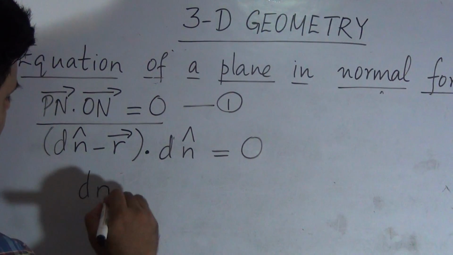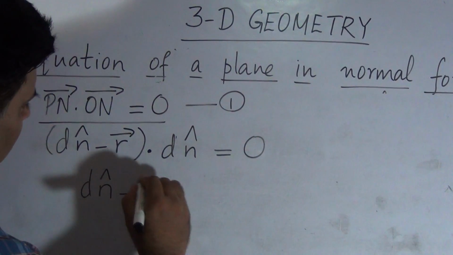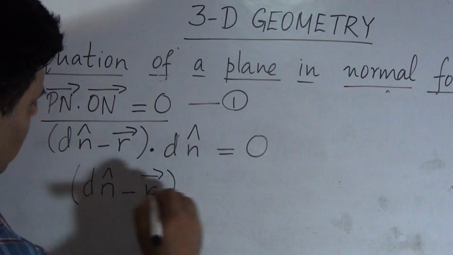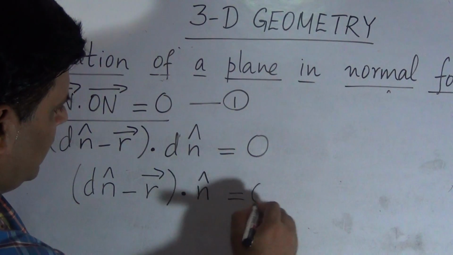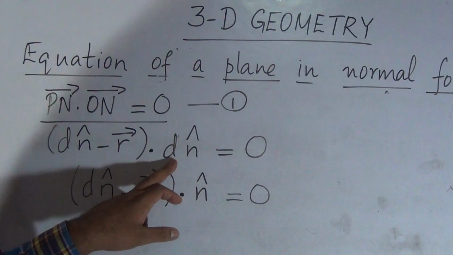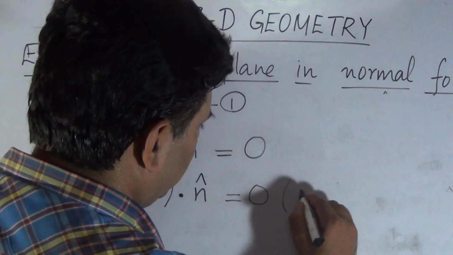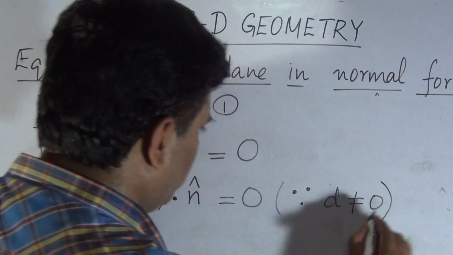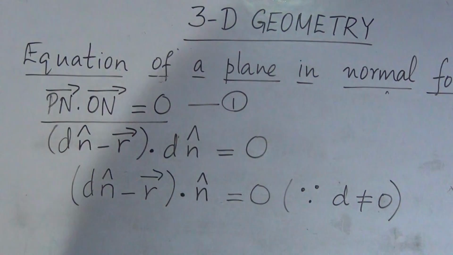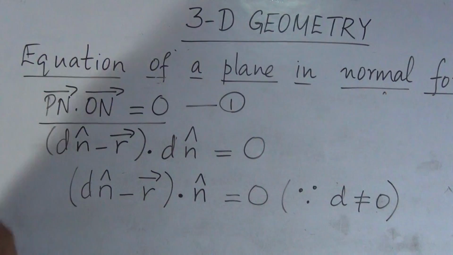So since d is not equal to 0, I can divide by d. So d is gone.